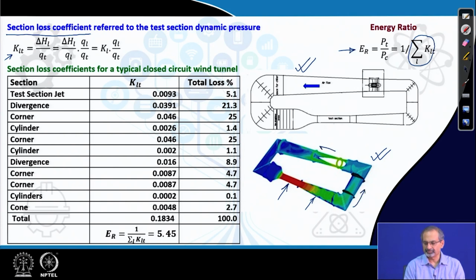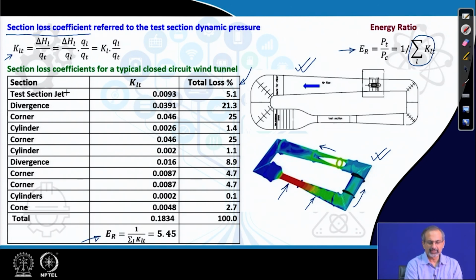Now, in this table, we are going to look at some typical figures of the KLT terms for each one of the components of the tunnel, and then we will also assess the total loss incurred in each one of those components, which finally sums up to 100%, and then assess the ER, the energy ratio, based on the summation of the KLT terms.